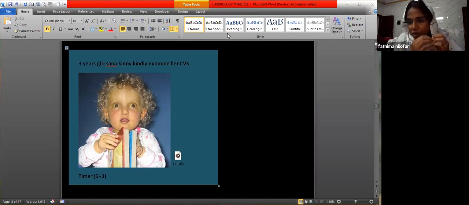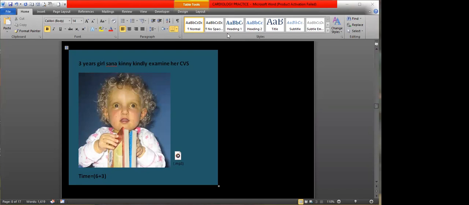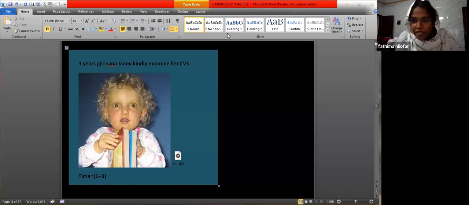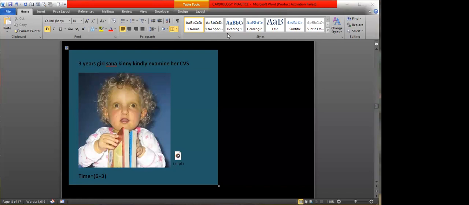Is there any clubbing or pallor present? A bit of pallor is there, but no clubbing. Okay. Looking at her face, I can see she has icterus, and is there pallor present in the conjunctiva? Slight pallor is present, and a bit of icterus is also present.